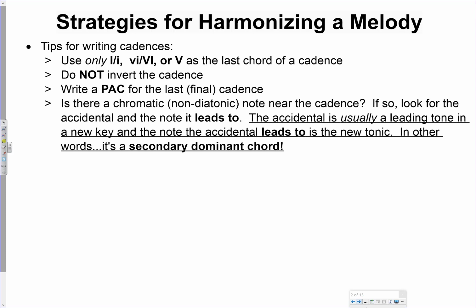I'll repeat. Use only the 1 chord, the 6 chord, or the 5 chord as the last chord of a cadence. In other words, at the fermatas. Do not invert the cadence.